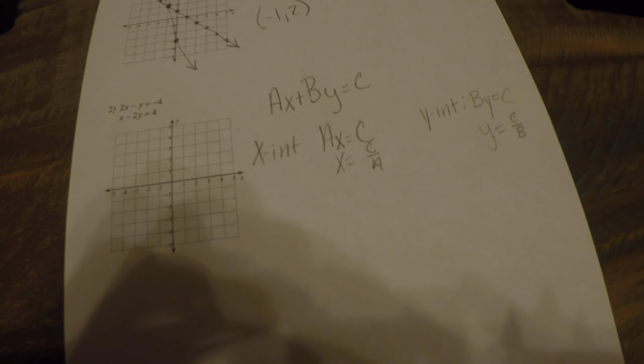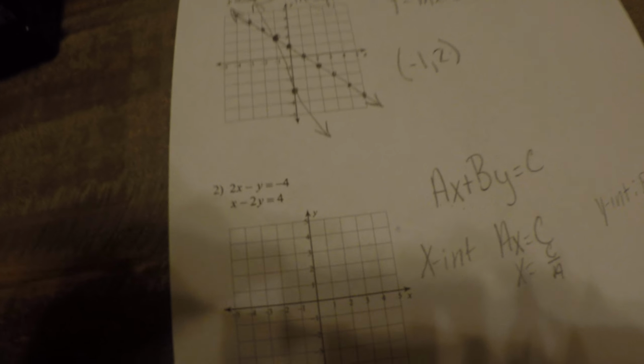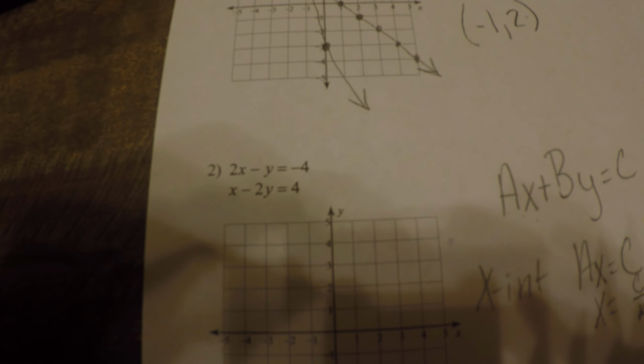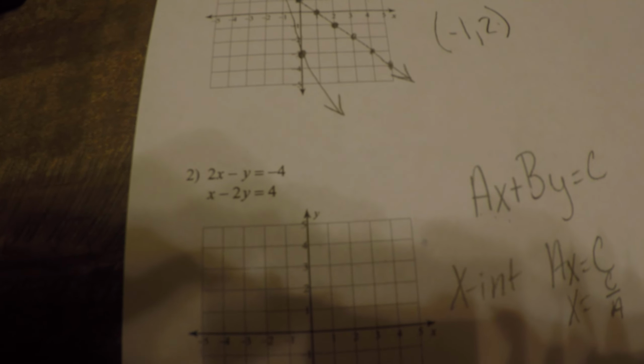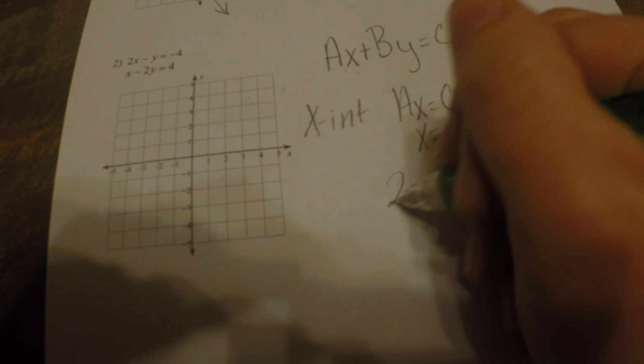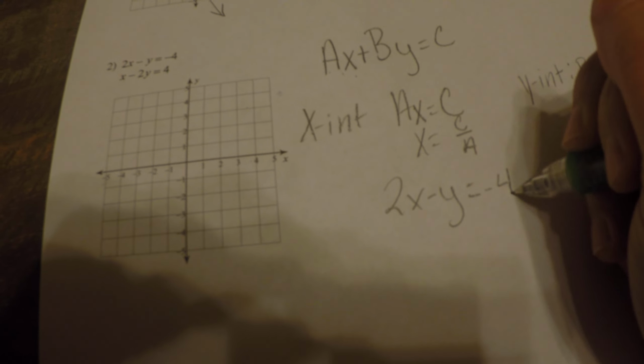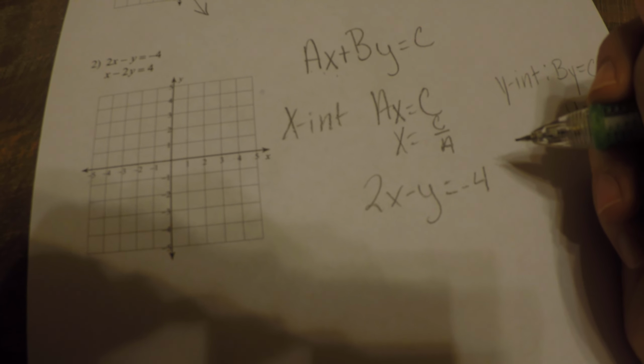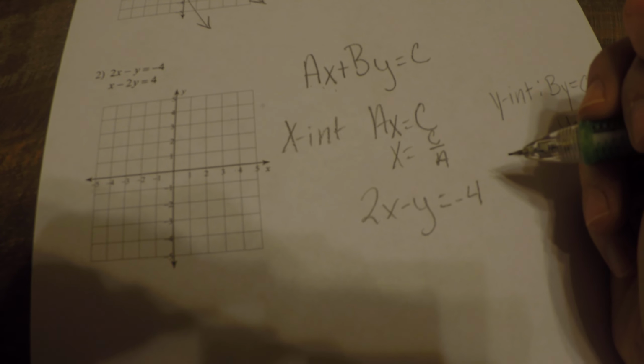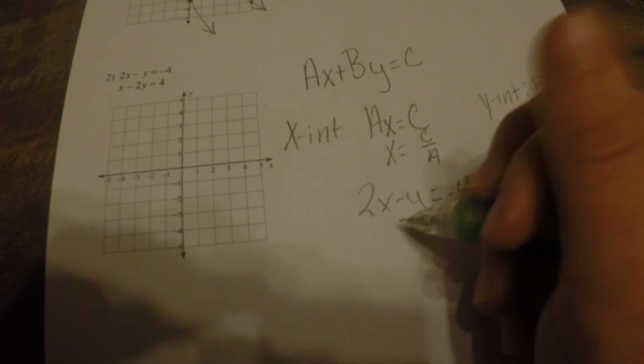All right, so let's put this into action with the two equations we're given. We have 2x minus y equals -4. So I'm going to write that out. 2x minus y equals -4. So to find my x-intercept, I'm going to make y 0.